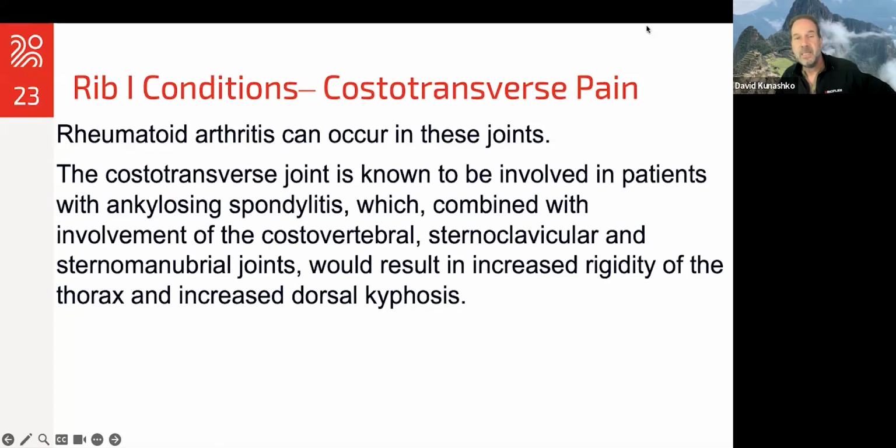Another thing is that the costotransverse joint is known to be involved in patients with ankylosing spondylitis. So when combined with involvement of the costovertebral, sternoclavicular, and sternocleidomastoid joints, you start to get some rigidity of the thorax and increased dorsal kyphosis of ankylosing spondylitis. There's a little bit of research on AS, ankylosing spondylitis, and laser therapy showing that it's quite beneficial and helpful.